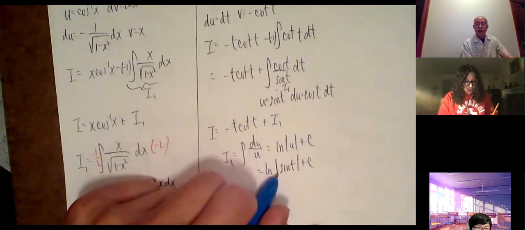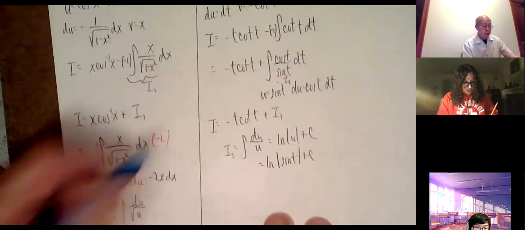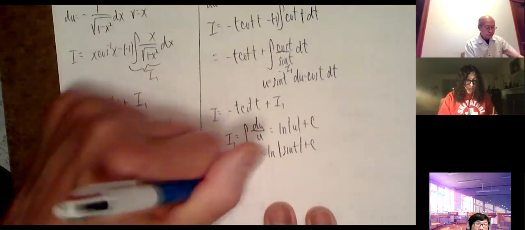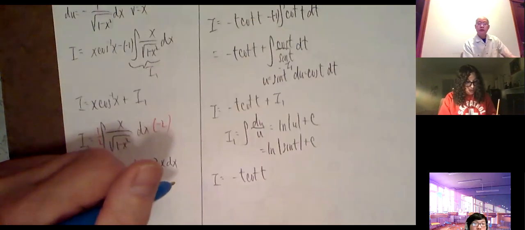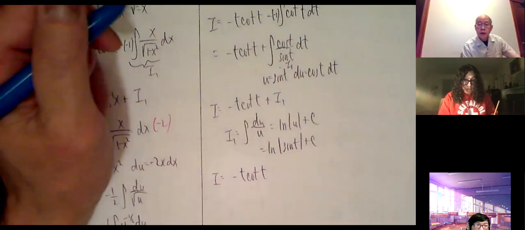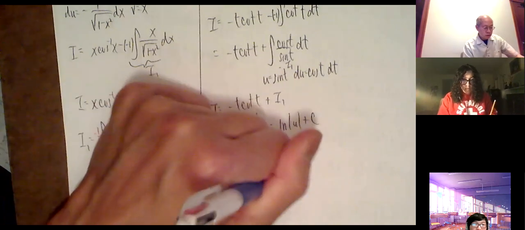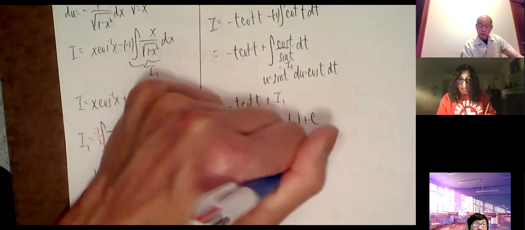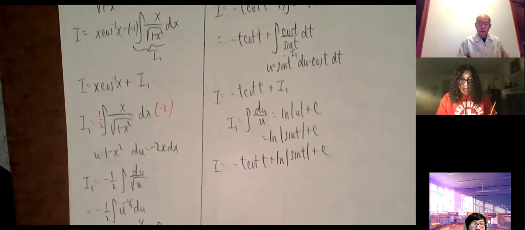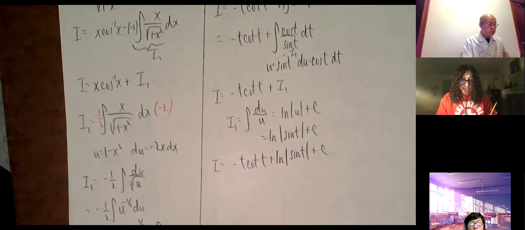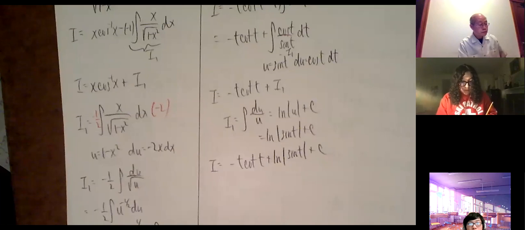Okay, so just plug that back into here. Negative t cotangent t plus ln absolute sine t, like that. Okay.